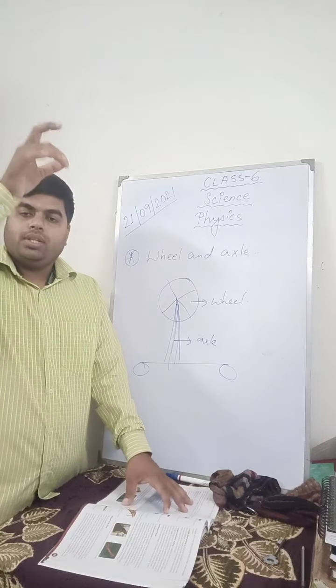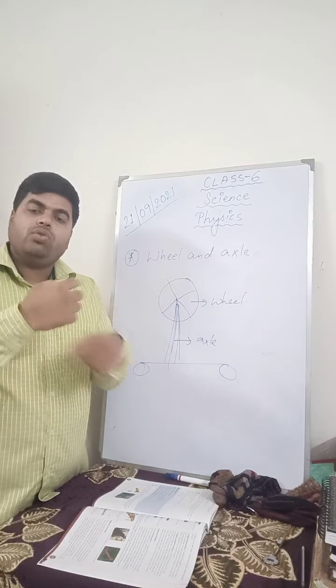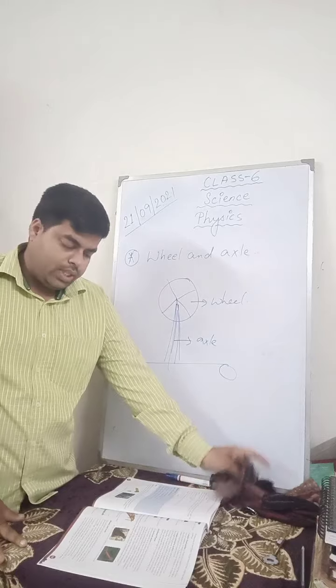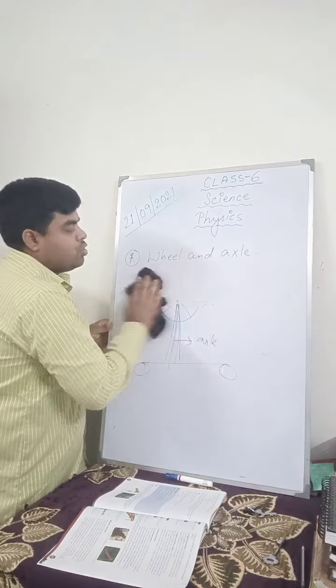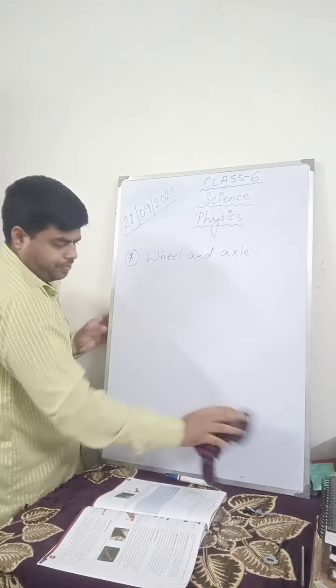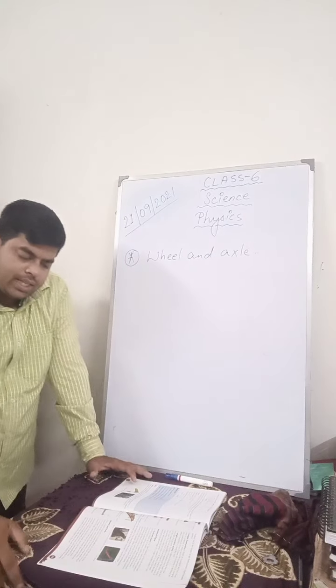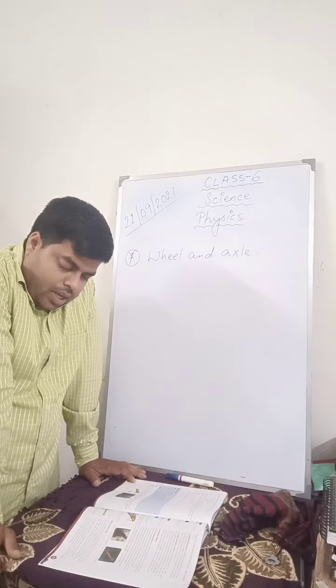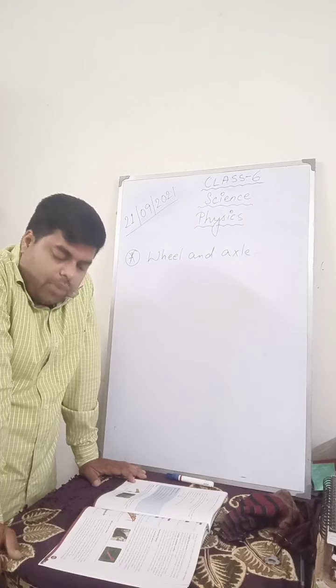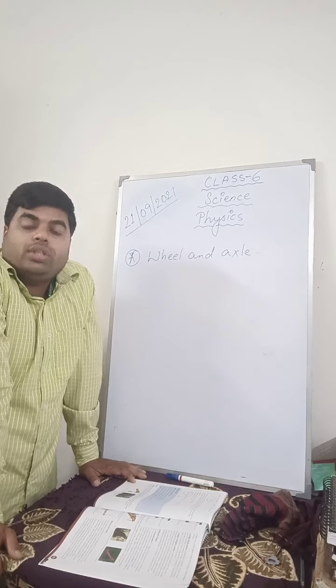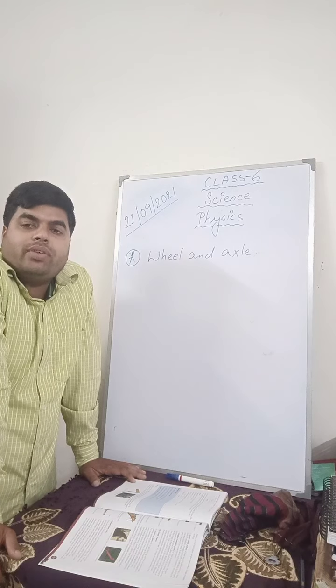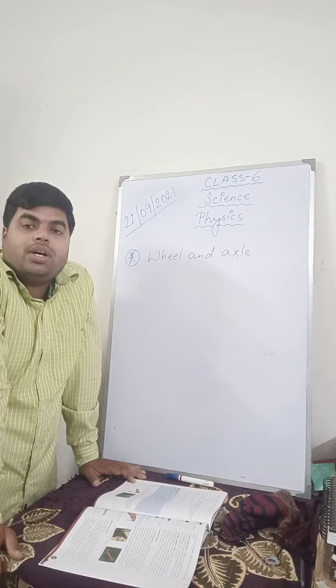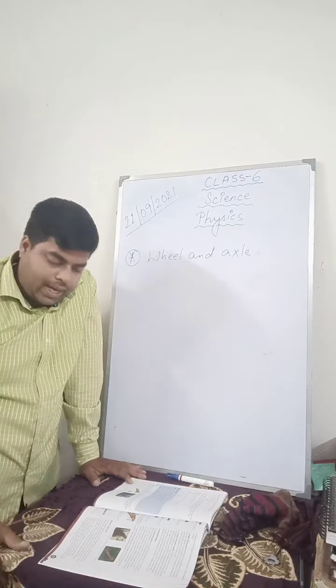You rotate the wheel and the axle will automatically rotate. It is also a simple machine, a combination of a wheel and an axle, where the wheel moves as per the motion of the axle, like the wheels of vehicles.